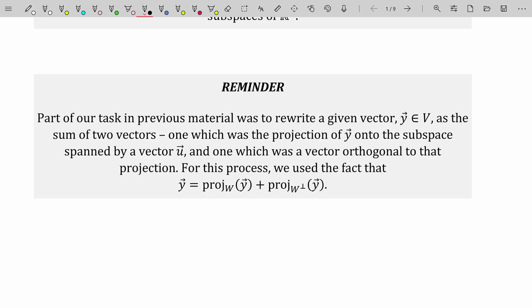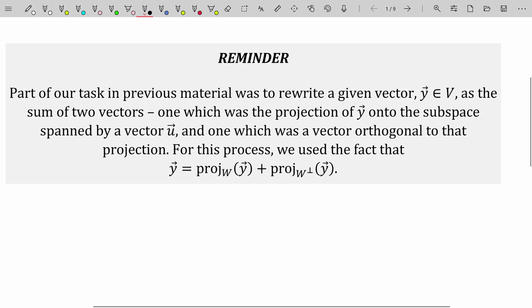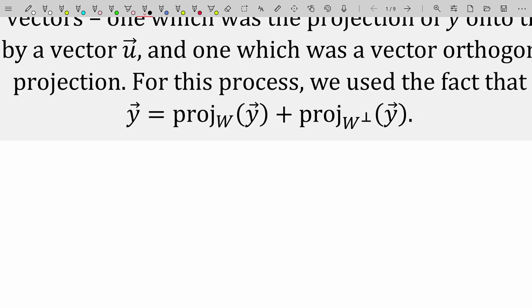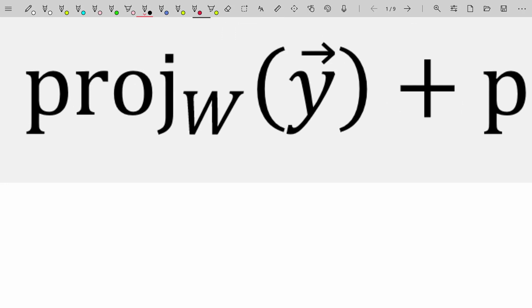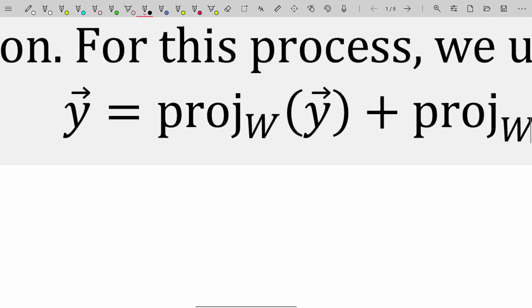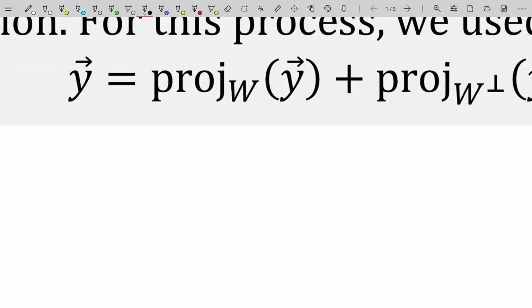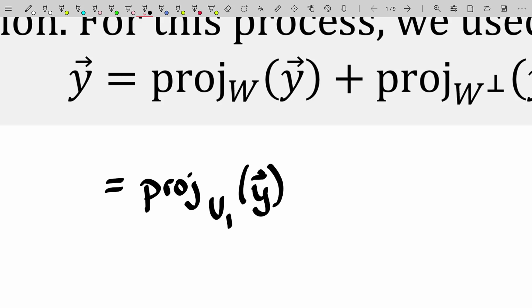However, that notation's not really super useful for what we're going to be doing here, so I'm going to adjust that notation right now, in fact. So suppose that we were given some vector u sub 1, and we wanted to find the shadow of y onto the subspace created by that vector u sub 1. Well, the nice notation for that, honestly, in my opinion, would be this right here.